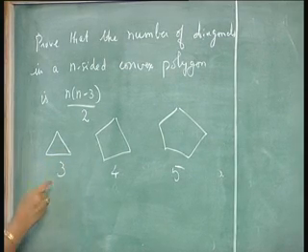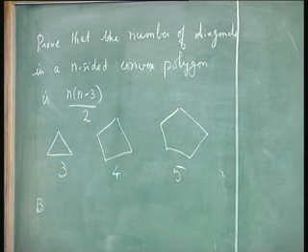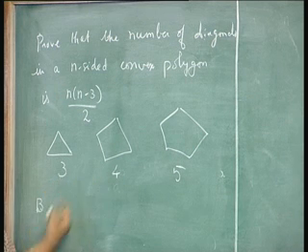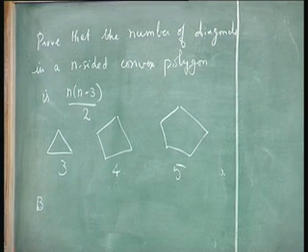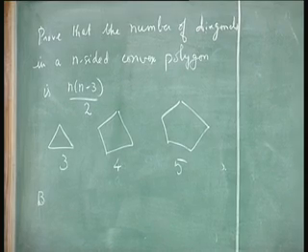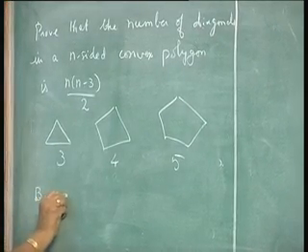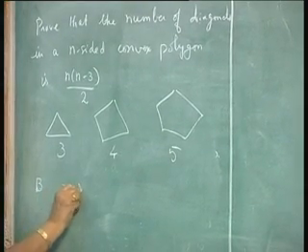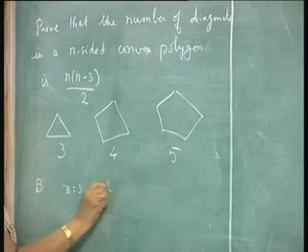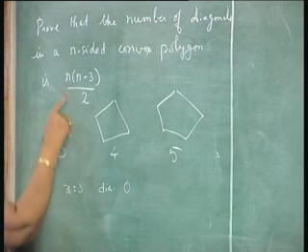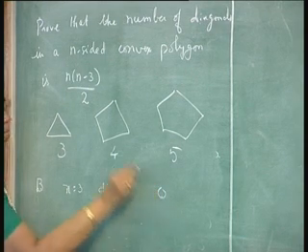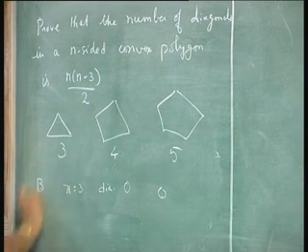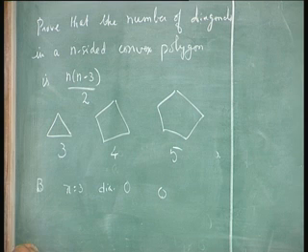You can even use 3, 4 and 5 for the basis case. It is enough if you prove for 3 or 4, but let us consider even 5 to verify. For n equal to 3, the number of diagonals is 0. In this result, substitute 3, you will get 0, isn't it? n into n minus 3 by 2, if you use 3, you will get 0.